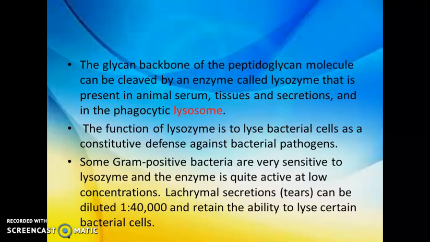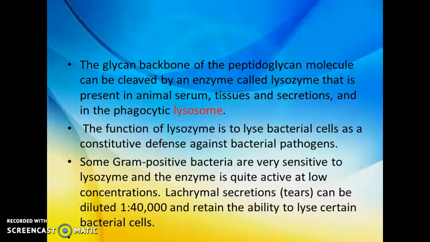Next, the glycan backbone of the peptidoglycan layer. In this peptidoglycan layer, two sugars are present and form a backbone called the glycan backbone. This can be cleaved by an enzyme called lysozyme.